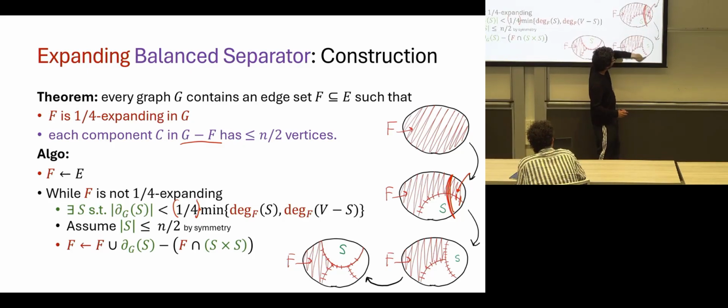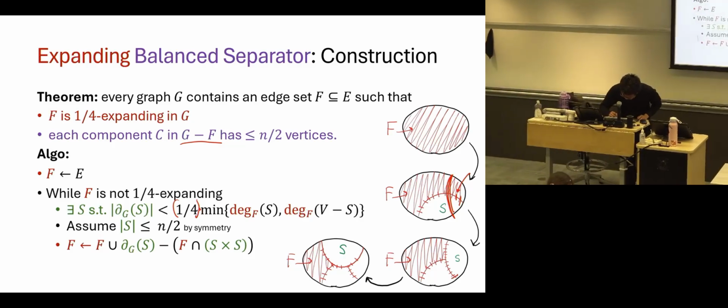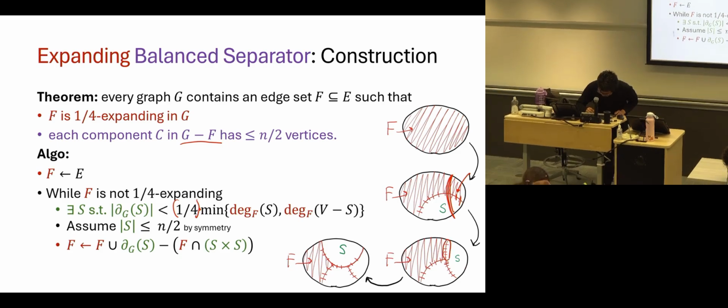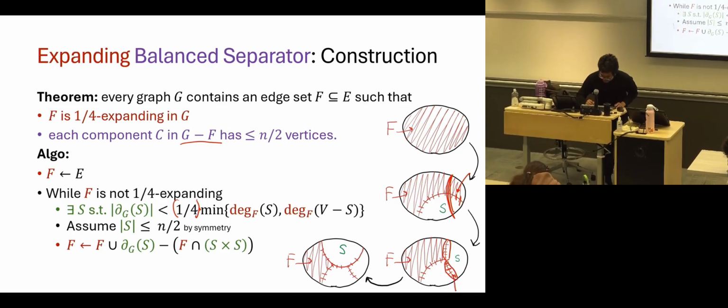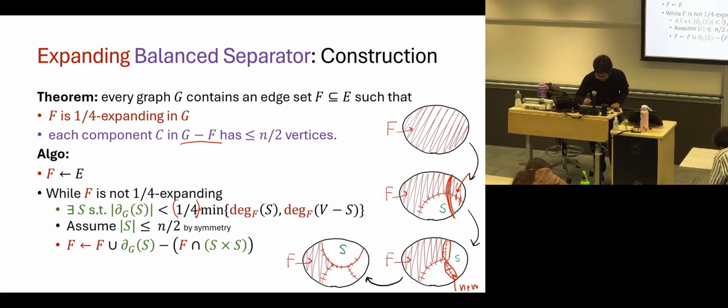The number of edges here is small compared to F inside here. So what I do, I just add edges on the boundary. This part was there before, but now this is the new part. This is the thing that I add, and then I remove things from here.